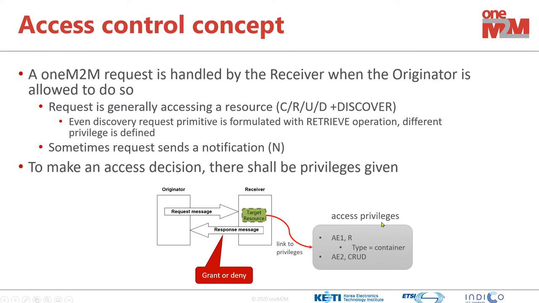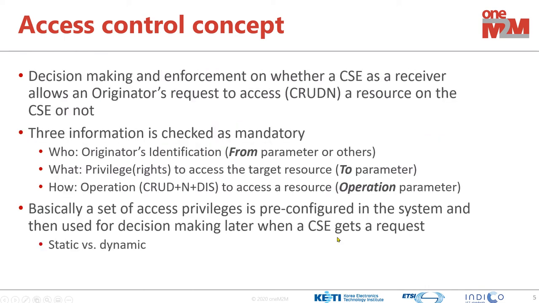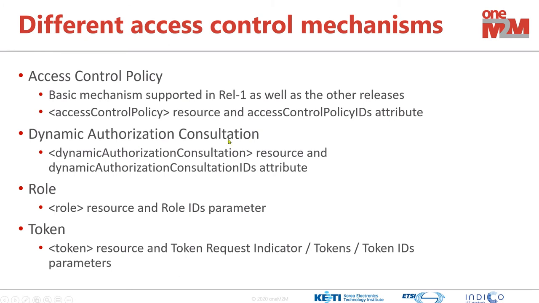Actually the privileges, as an access control policy resource, this box, are contained in a CSE, maybe the same CSE as the target resource or a different CSE, but anyway as a resource that is contained in a CSE. In the case of dynamic authorization consultation, the privilege information resides outside the CSE. That means it is on the application side, as a separate system.